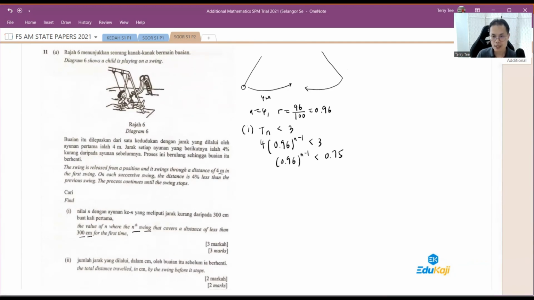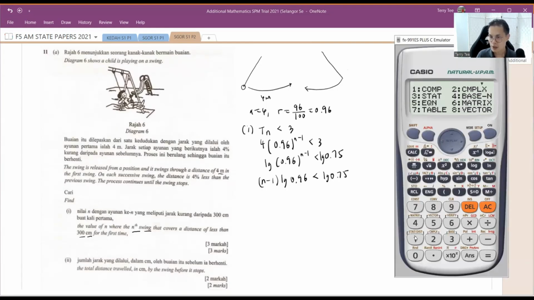3 over 4, 0.75. Now, this is where you have to introduce logarithm. Bring the power down, right? When you take logarithm of any number between 0 and 1, it's going to be negative. If you're not sure, type in your calculator. Let me change this mode. Log 0.96 is negative. So how does this affect the answer?